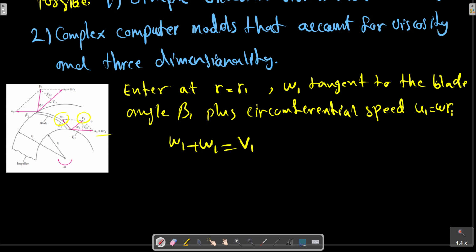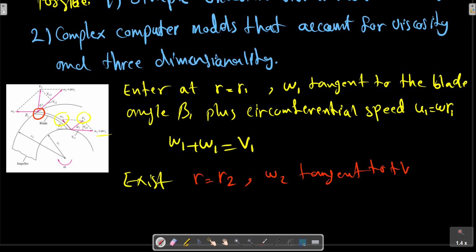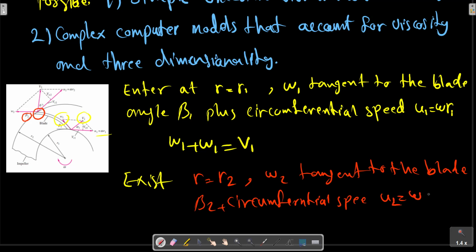Similarly, the flow exits at this point on the blade at R equals R2 with velocity vector W2 tangential to the blade, as shown also here, at angle beta 2, plus circumferential speed U2 equals omega R2.